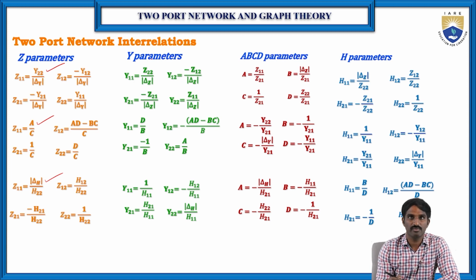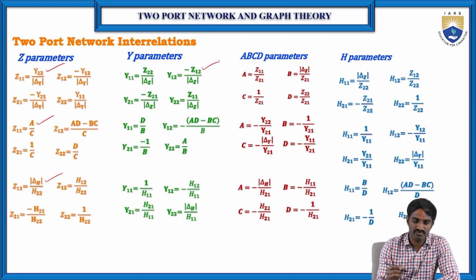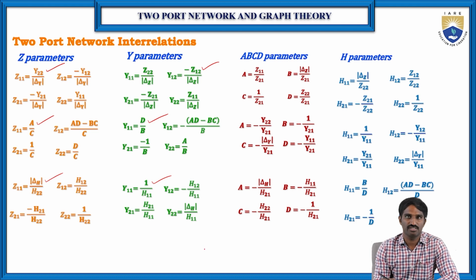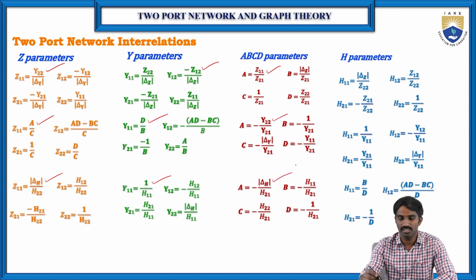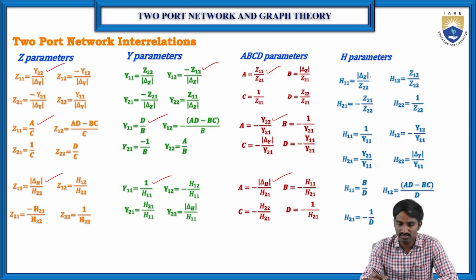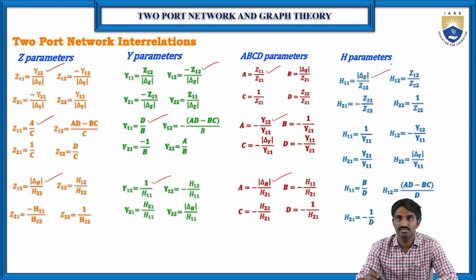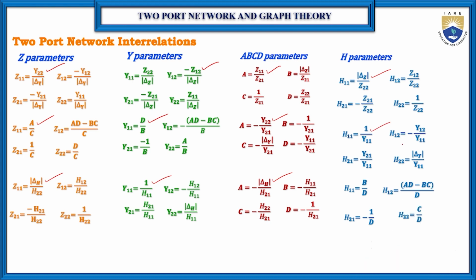Similarly, the Y parameters can be represented in terms of the Z parameters, the ABCD parameters, and the H parameters. Then similarly the ABCD parameters can be represented in terms of the other three parameters: ABCD to Z, ABCD to Y, and ABCD to H. The same way the H parameters: H and Z, H and Y, and H and ABCD parameters.